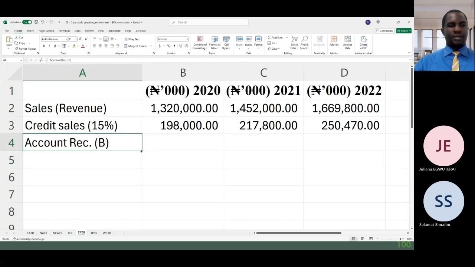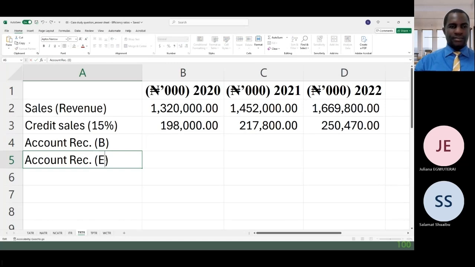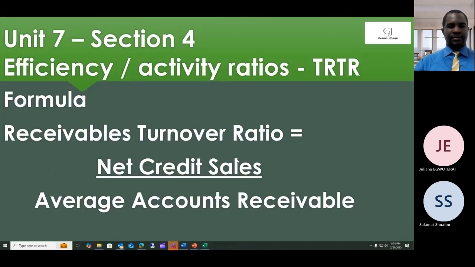Okay, so let me calculate. Let me quickly arrange my account receivable beginning and ending.